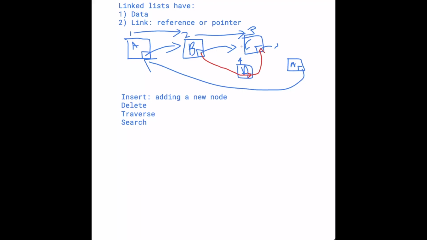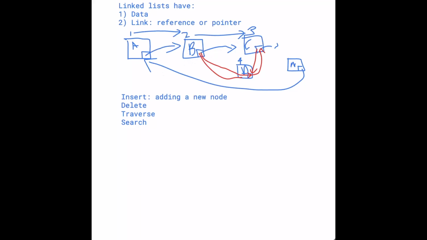If you have pointers going back, you can fix those too. In this way you can manipulate the pointers of the nodes to insert, or if you want to delete, you can erase this and then make it point this way. You can play around with manipulating the pointers of each node to add or delete.